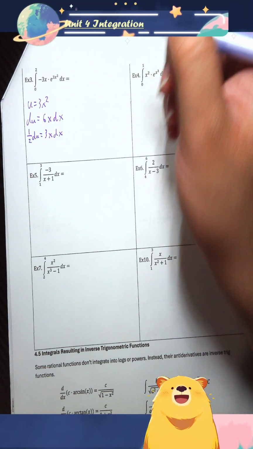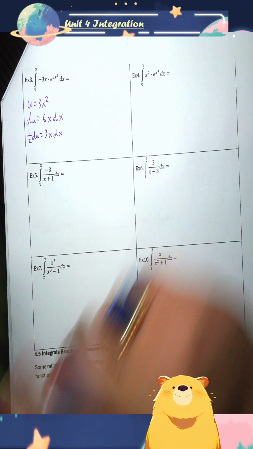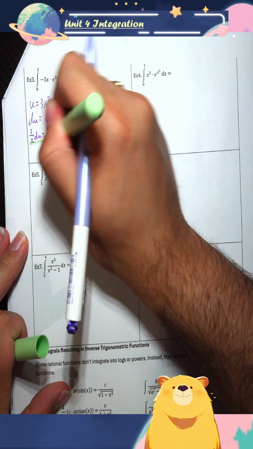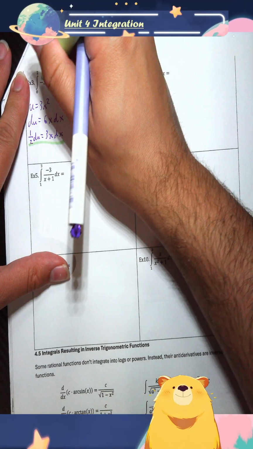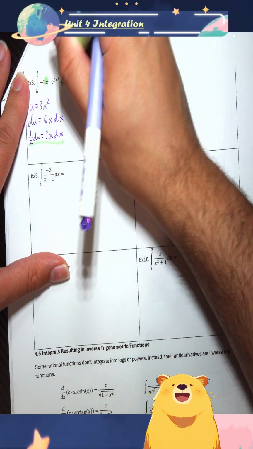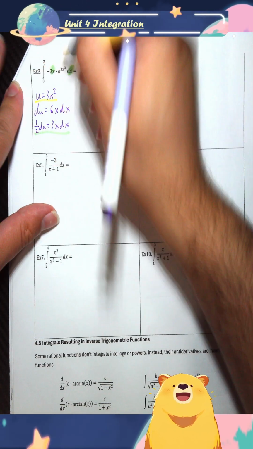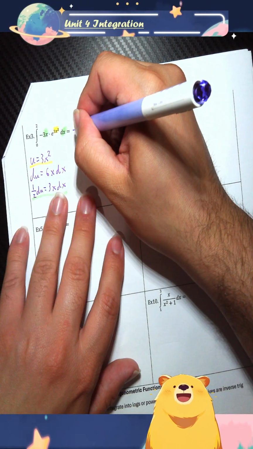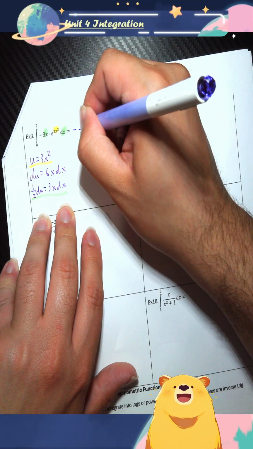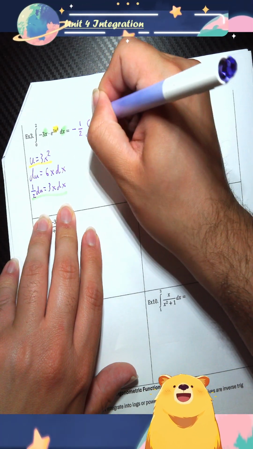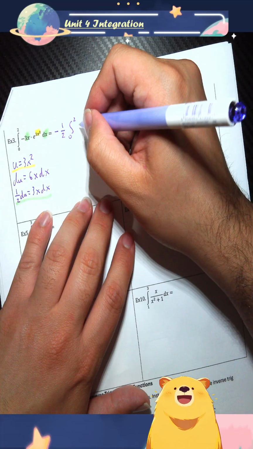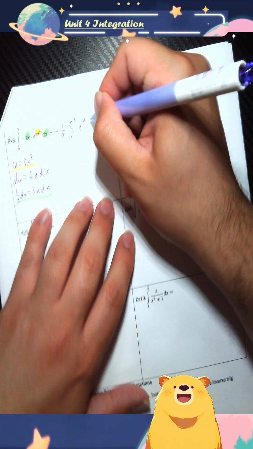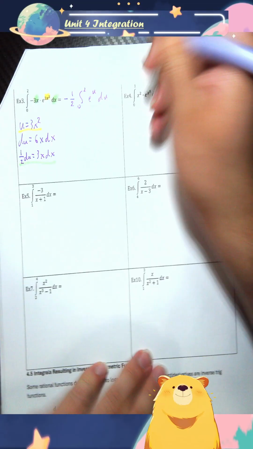So then with that, I'm just going to go ahead and replace the 3x dx. And here replace 3x squared. So you have negative 1/2 integral from 0 to 2, and then e^u du.